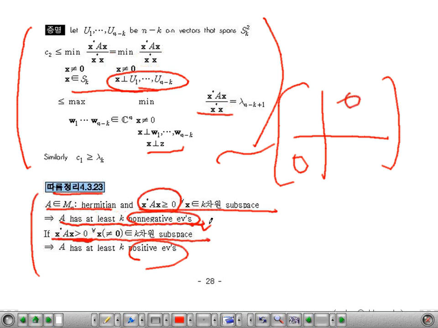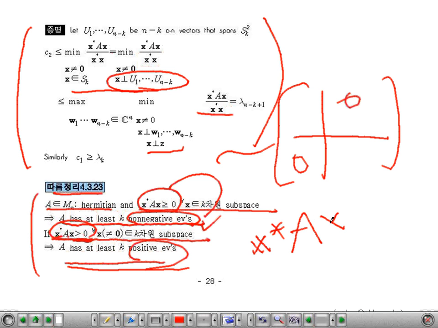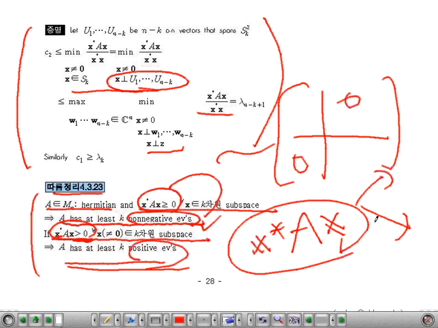If you found a k-dimensional subspace that satisfies this, then you can say that you have at least k positive eigenvalues. So all of this gives us a lot of information on the eigenvalues.